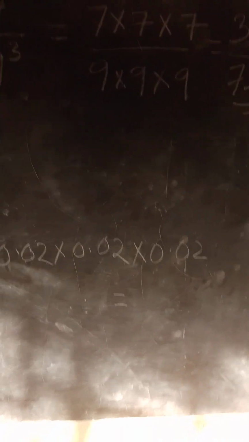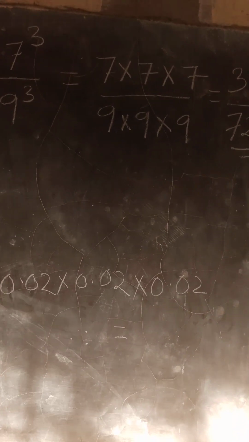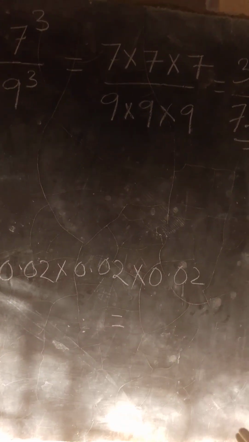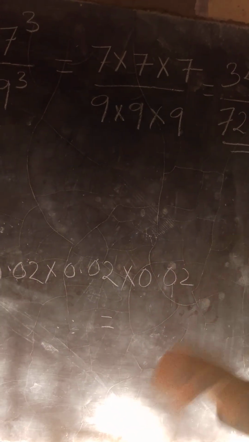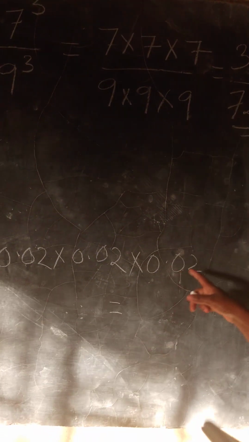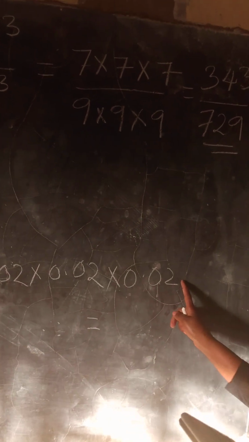Power negative 6. So power negative 6, it means the number should have how many decimal places? 6 decimal places, but because we already have 8, the zeros are supposed to be 5.